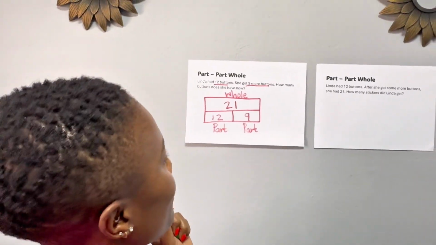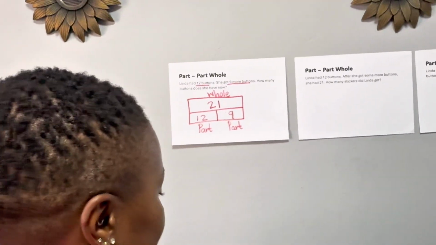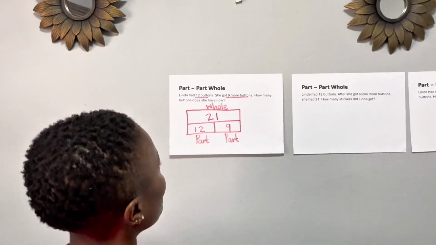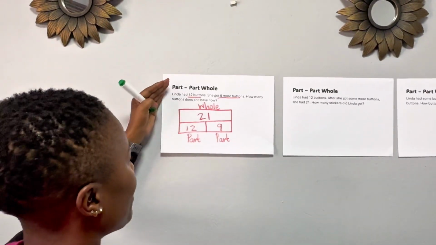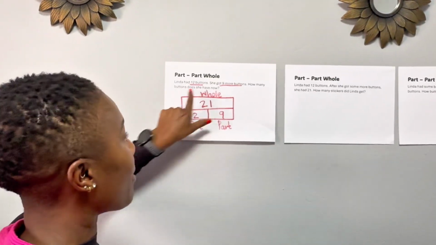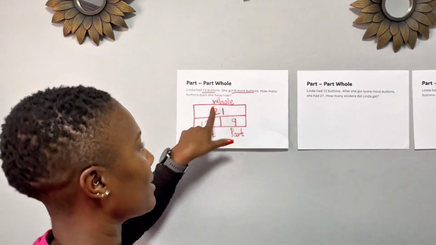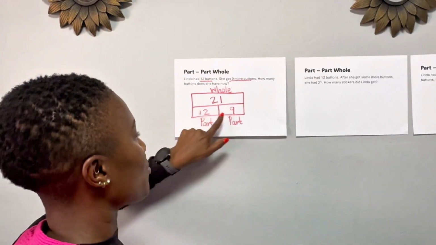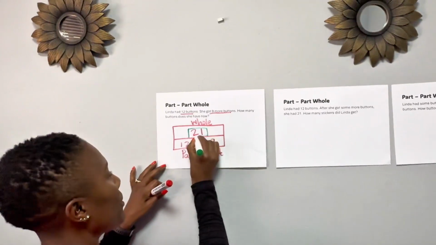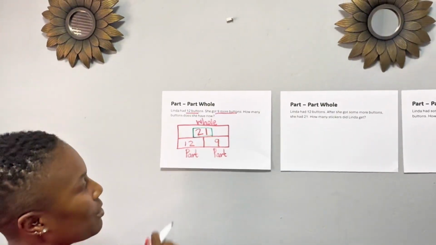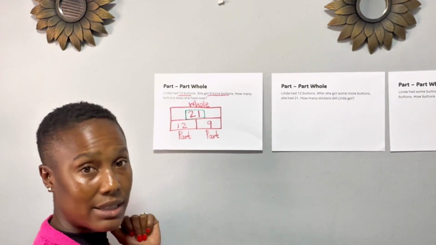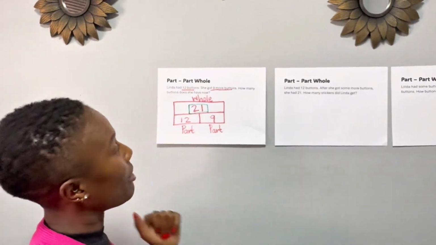Before we move to the second example of the sum, there's something I want us to see. This is a part whole. However, with this sum, the whole is unknown. The two parts were known, but this whole was unknown. Let's move to the second example of a part whole.